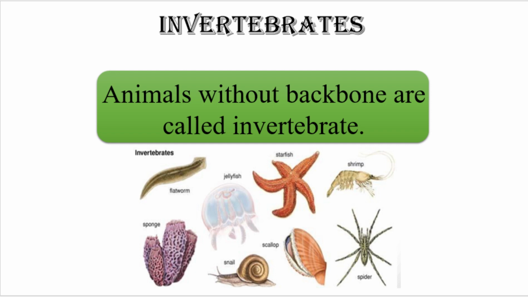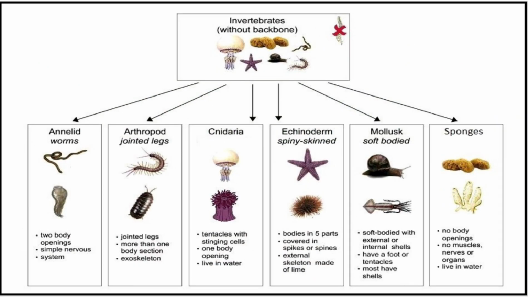Students, invertebrates have tough skins, or some invertebrates have a shell on the outside of their bodies which protects them. Can you recall who are invertebrates? Invertebrates are those organisms that do not have a backbone or a skeleton inside their bodies. Invertebrates are divided into six groups: annelids, arthropods, cnidaria, echinoderms, mollusks, and sponges.